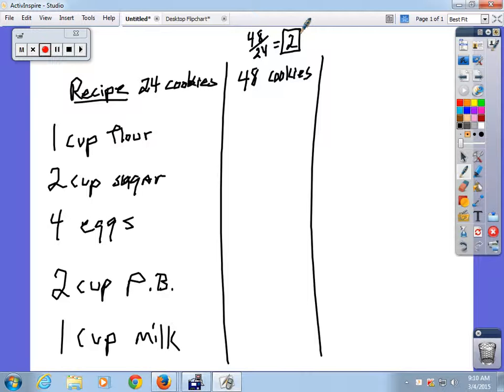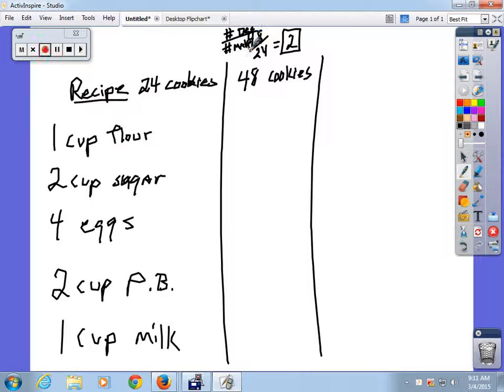So if I asked you to make 72 cookies, what would you do? You triple it. But what if I asked you to make 57? Well, remember, this is the number desired over the number it makes.